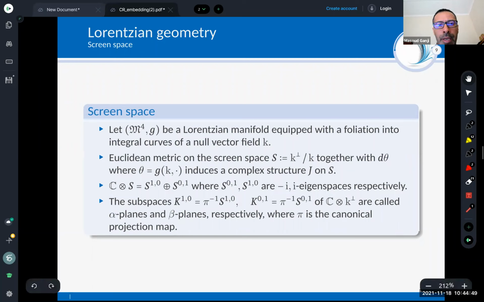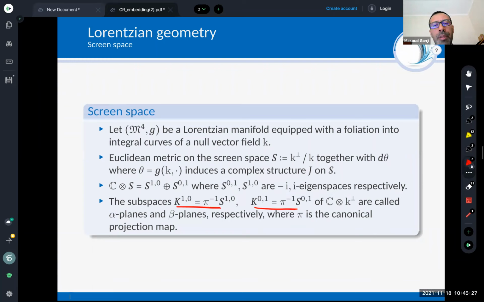So if M is a four-dimensional Lorentzian manifold with a foliation of integral curves of a real null vector field K, we introduce K perp on K and introduce these two complex eigenspaces. We complexify in this way, the minus i and i eigenspaces, and we call these alpha planes and beta planes.